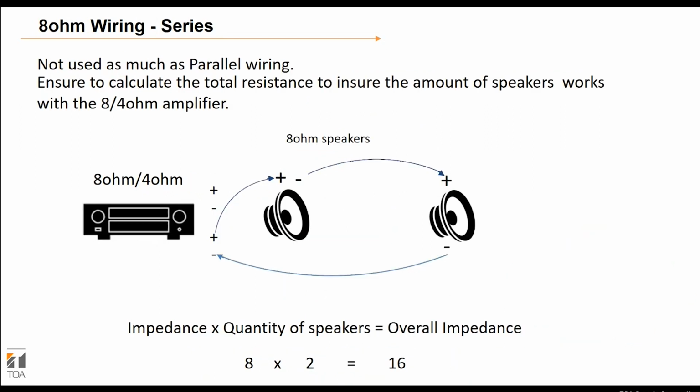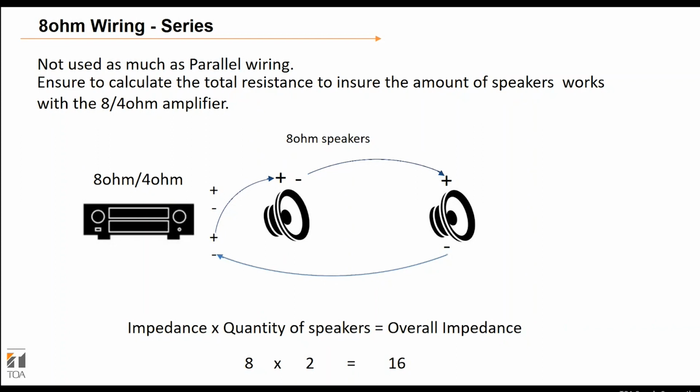Now, conversely, wiring low impedance speakers in series does the opposite of what wiring them in parallel does in terms of the mathematics involved. In a series setup, which is again incredibly rare, you almost never see series setups external to a speaker cabinet itself.